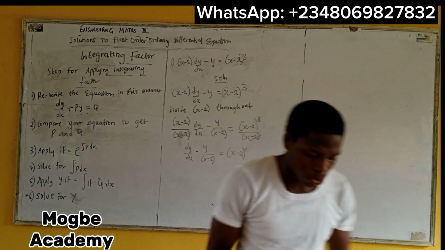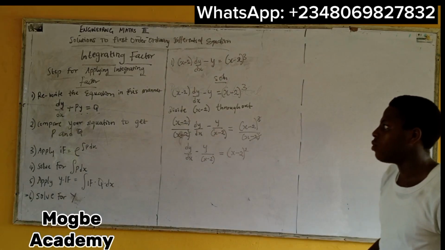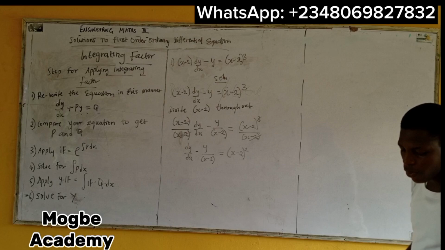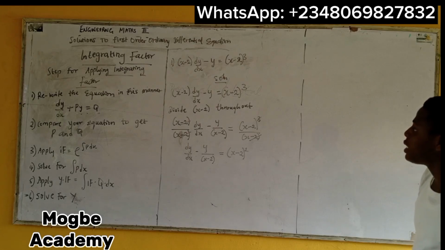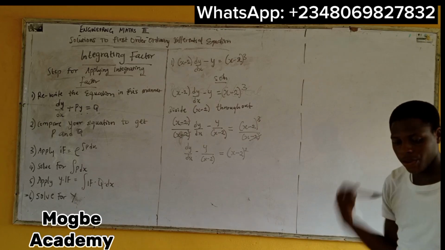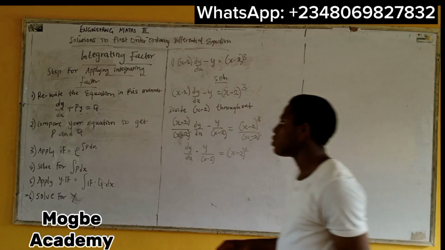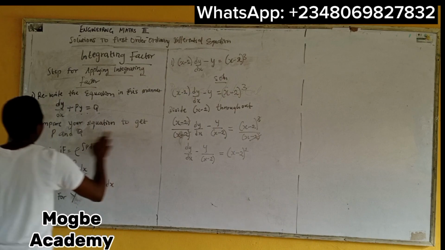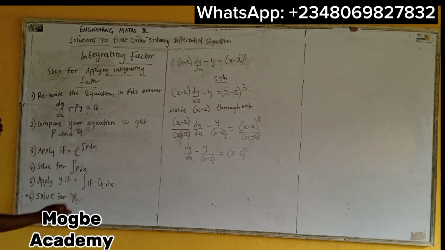So looking at that equation, we have the same thing with the steps there. We've gotten our dy dx, we've gotten our p y, and we've gotten our q. The next thing is to compare your equation to get p and q. What we are interested in is to get your p and q.